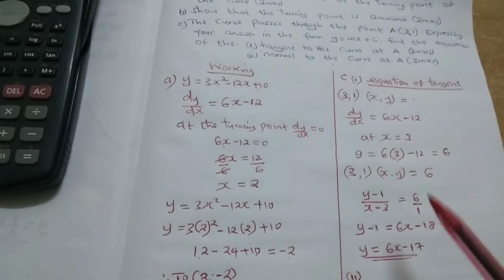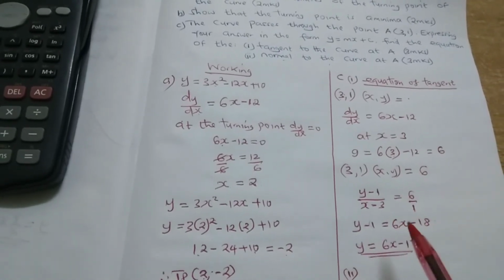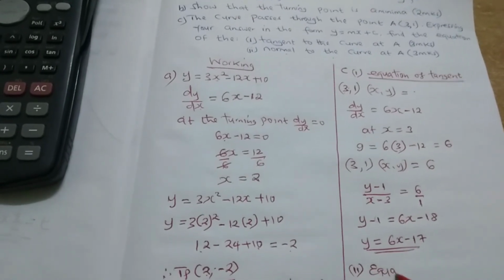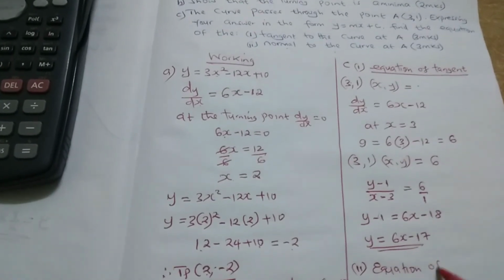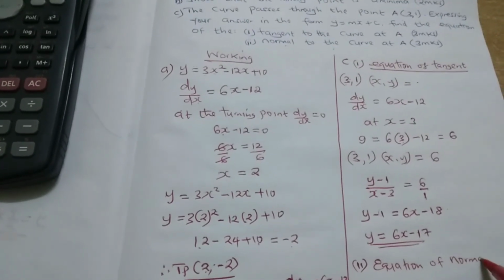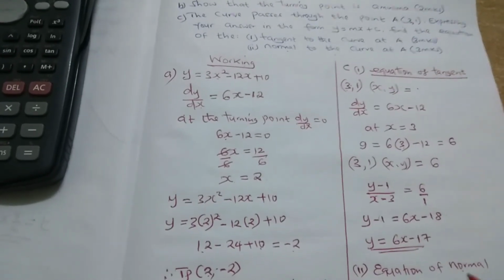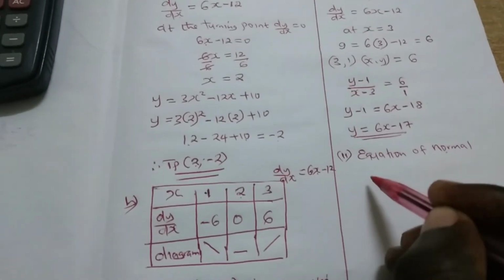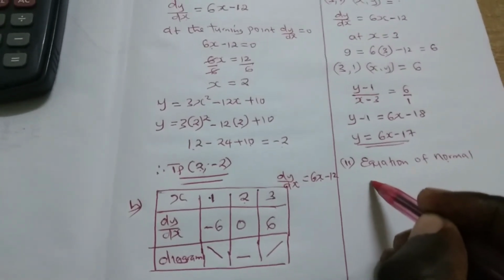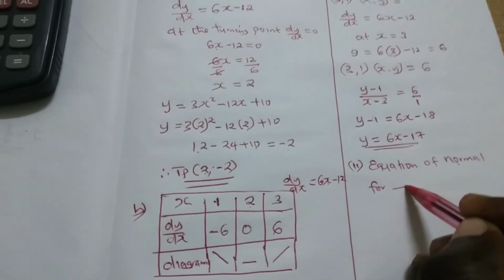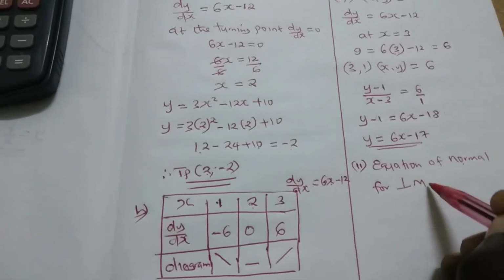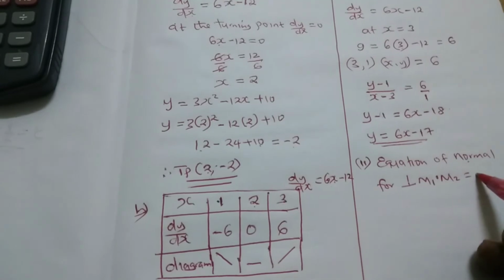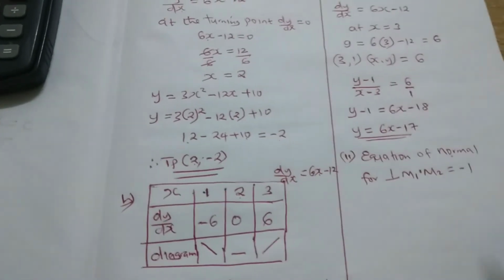So we should always know that anytime we talk about normal, normal means perpendicular. So equation of the normal. Normal means perpendicular, and we already said that for perpendicular lines, if you take m1 and multiply by m2, it will always give you negative 1.